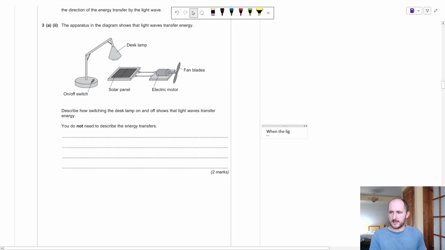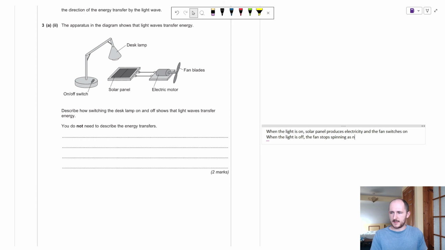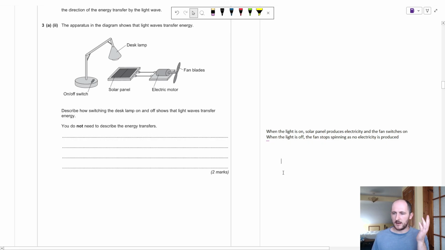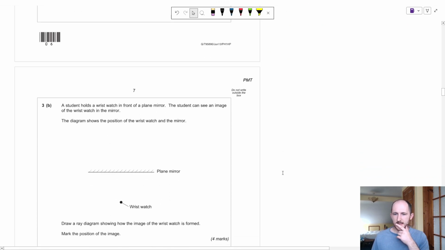When the light is on, the solar panel produces electricity, and the fan switches on. When the light is off, the fan stops spinning as no electricity is produced. Right, it just says describe, so you don't need to say why or anything like that.